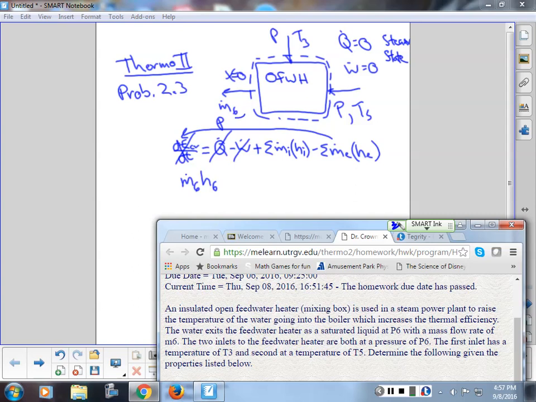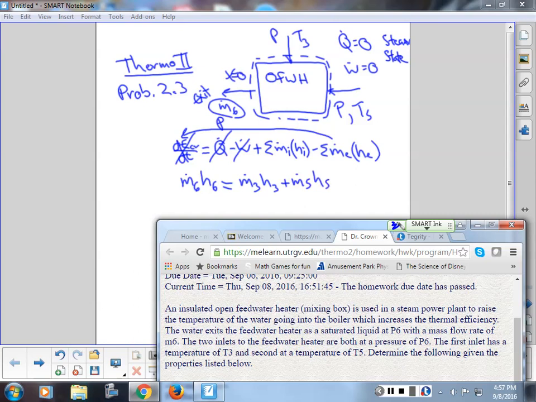That's this one here, my exit. Equals, and then the sum of all the inlets. So I have M dot 3 h3 plus M dot 5 h5.